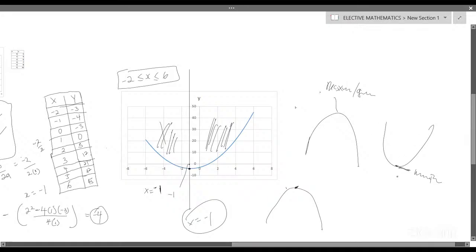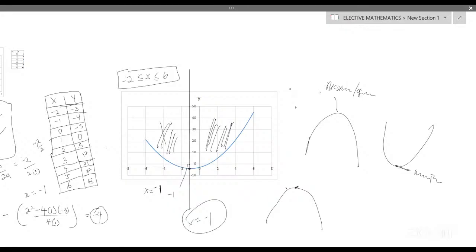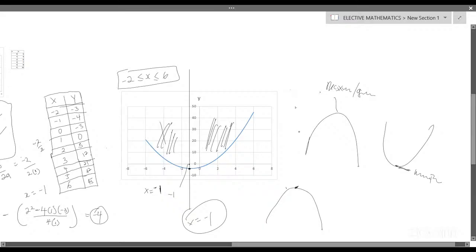If it's a U shape, you get a minimum point. You can find it from your graph, and it is normally traced on the y axis.